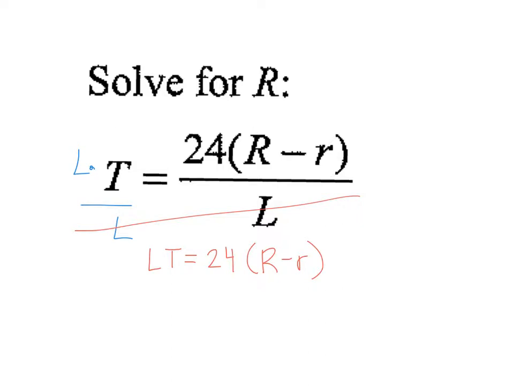I don't really want to distribute because I can just divide by 24 right here. So I have LT equals uppercase R minus lowercase r, and then I'm going to add r. So uppercase R equals LT plus r is the answer.